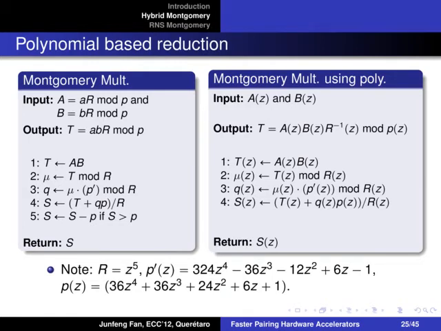So the idea is, how about we do all this computation in polynomial form instead of integer form, right? We write A and B as polynomials, and we do Montgomery multiplication in a polynomial ring.